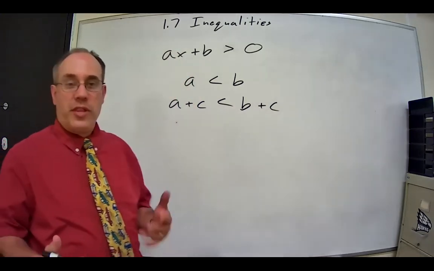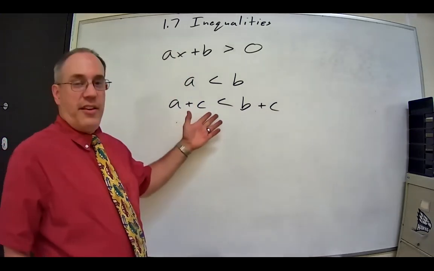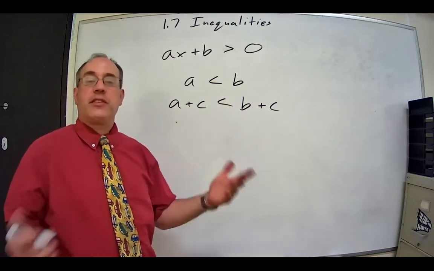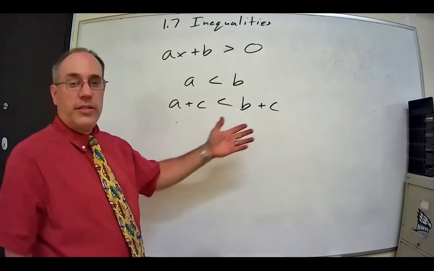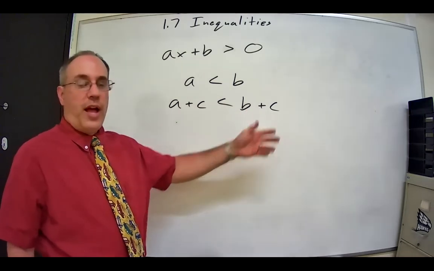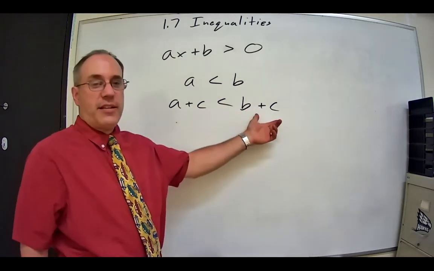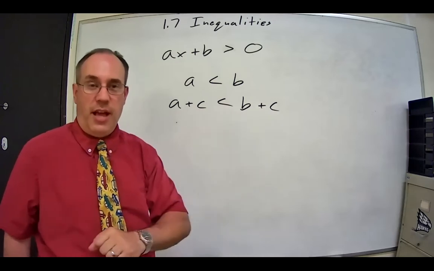You remember when we were dealing with equations, the addition property said that if you add the same thing to both sides, then it's still equal. Well, for inequalities, it says if you add the same thing to both sides, then the relationship stays the same. If this side was less than that side, it will still be less than that side.